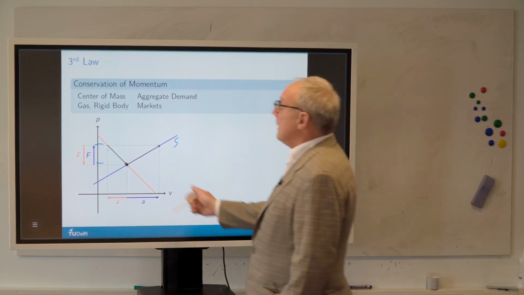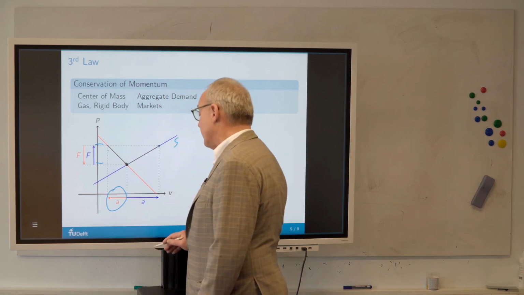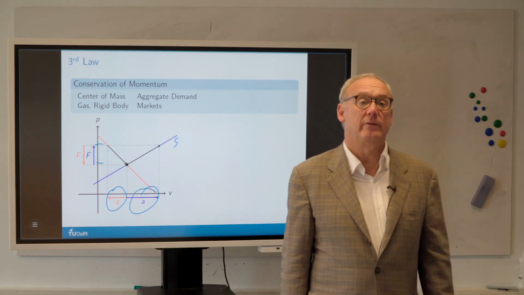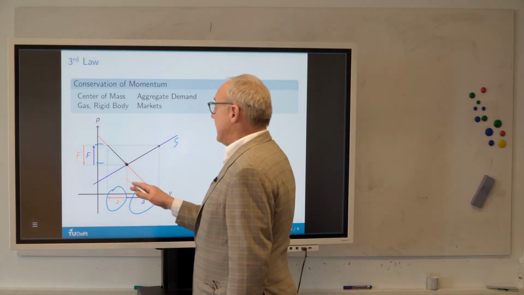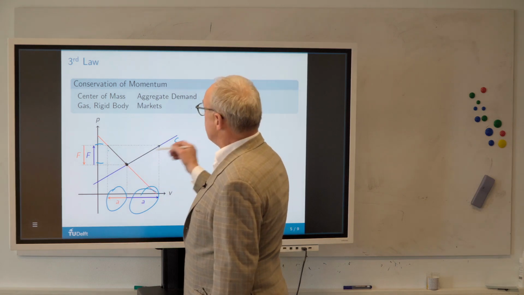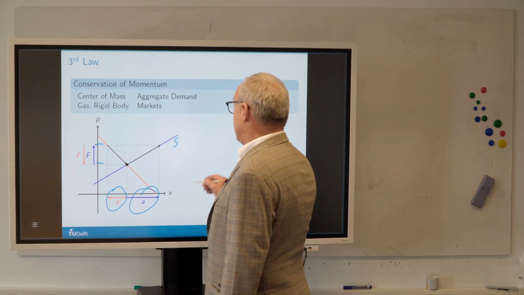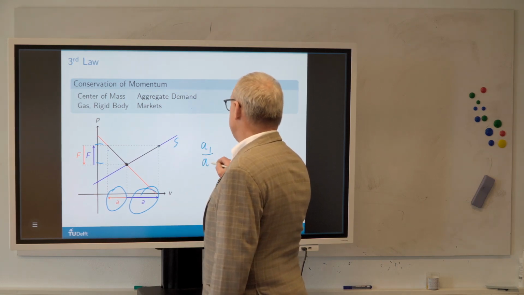Now, if that is the case, you can calculate how much the contraction of demand for the one is compared to the extension of the other, all right? So building on this, you'll see that this is how equilibrium sets in, and in fact, you'll see that this is a way you can measure.